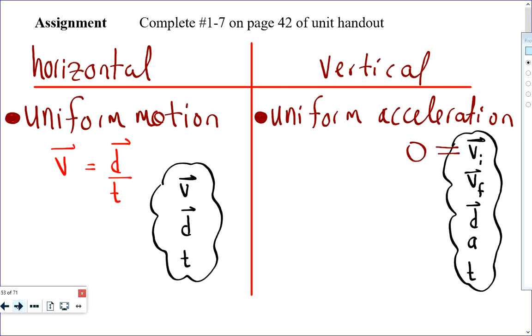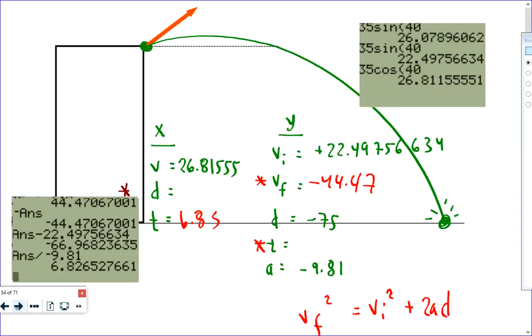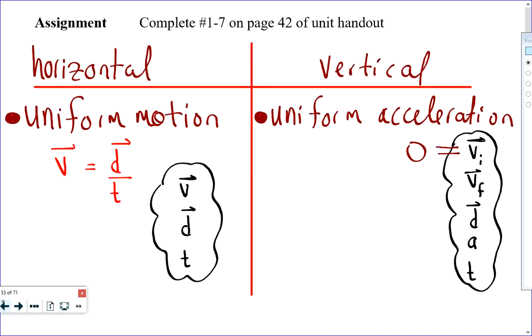So that will change. D equals 1/2 AT squared is, I think, the only equation you end up using so far. Right? There are other equations you could use. Like if I said, what velocity does it hit the ground at, you could use a different equation. Anyway, that's it, 1 to 7.